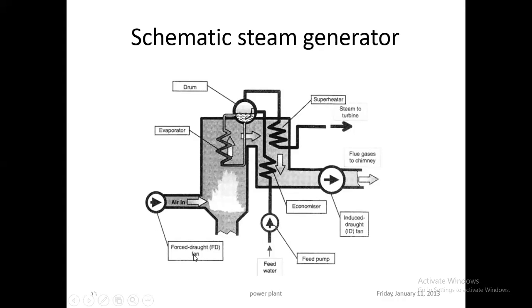Forced draft FD fan: these are the fans that, by applying the air, increase the pressure of heat at this level, and at this level these are the drums on which the heat of the steam is collected. These are the evaporators which evaporate the water and flow the hot steam into this drum.